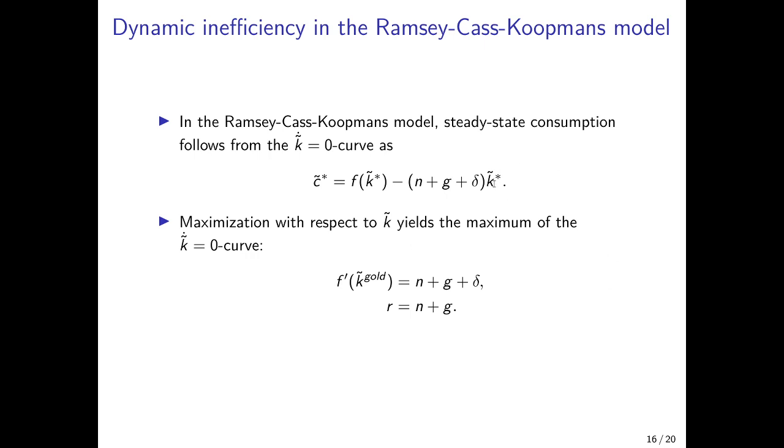On the right-hand side, this drops out, so we have n plus g plus delta. The left-hand side is the marginal product of capital, so that's the gross interest rate, the interest rate plus the rate of depreciation. We also have the rate of depreciation on the right-hand side. So again, for the golden rule capital stock, the interest rate must be equal to the rate of population growth plus the rate of technological progress. So it's the same as in the Solow model.